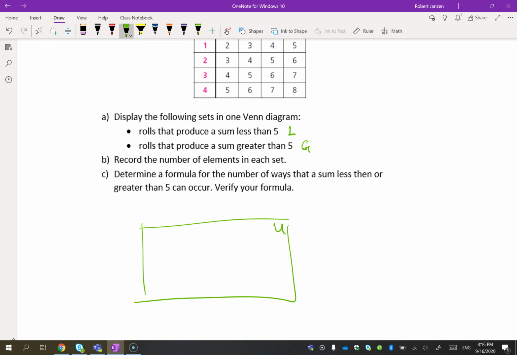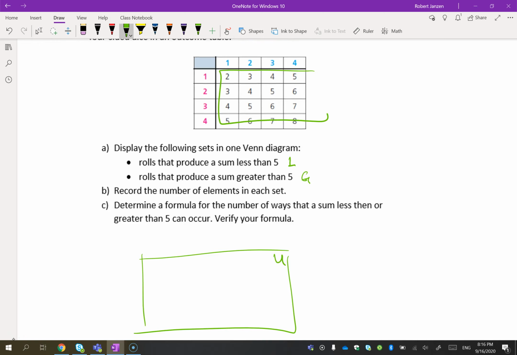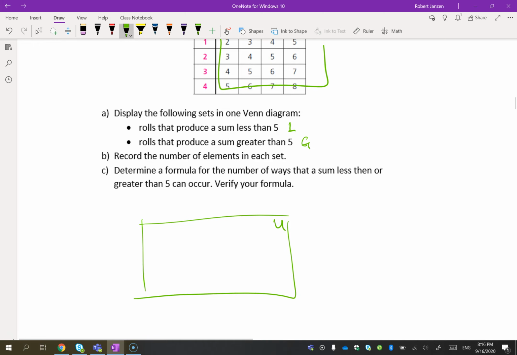So here's our Venn diagram. This is the universal set. This is all of these outcomes. Inside there, we have a subset where these are combinations that are going to be less than 5. For example, 1 and 1, 1 and 2, 2 and 1, 1 and 3, 3 and 1, and 2 and 2.